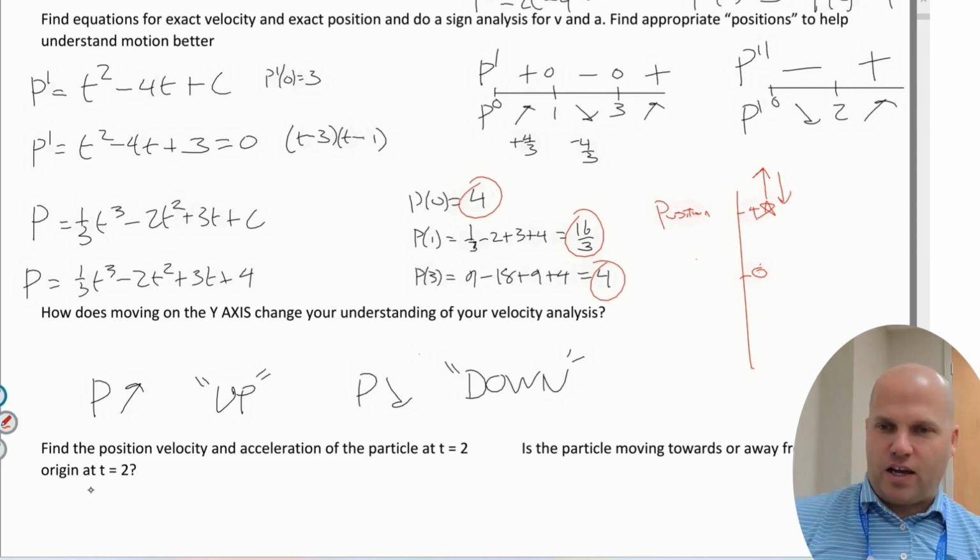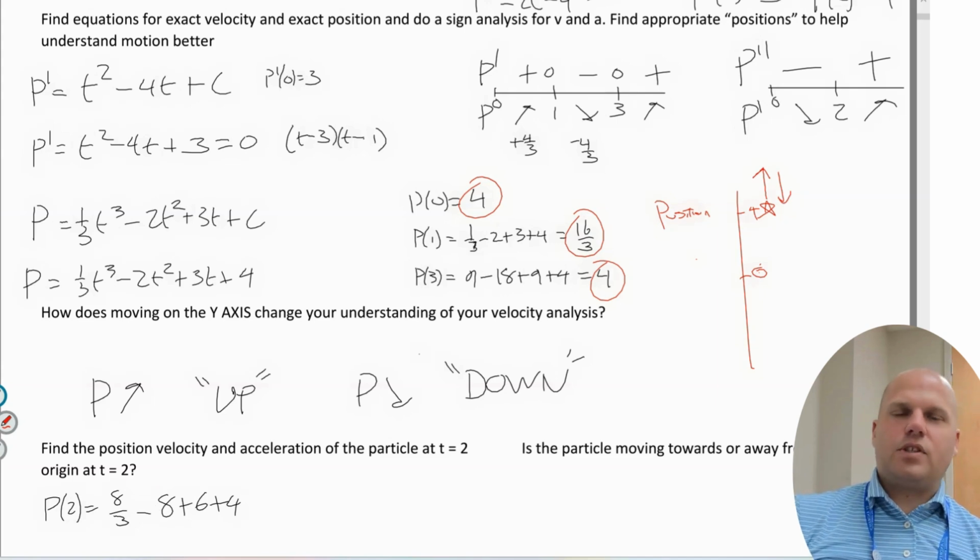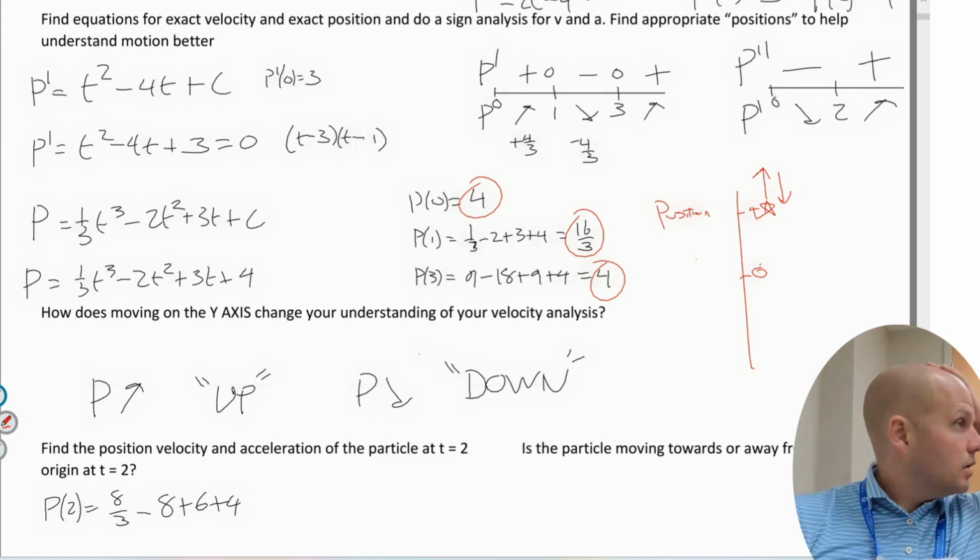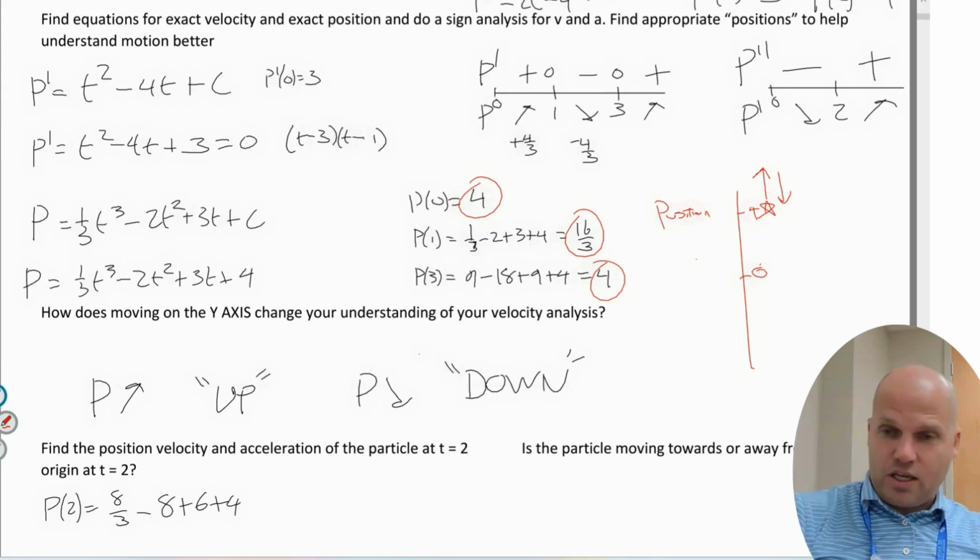Now they ask you to find the position, velocity, and acceleration, so great. I'll have 8 thirds minus 8 plus 6 plus 4. So that's 8 plus 8 thirds. 8 is 24 thirds plus 8 thirds.